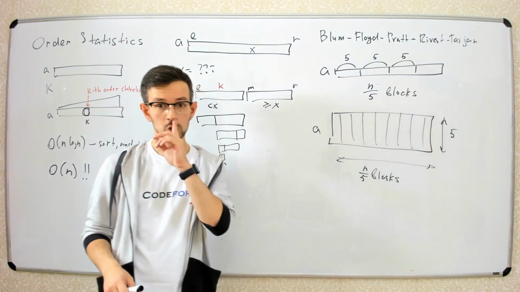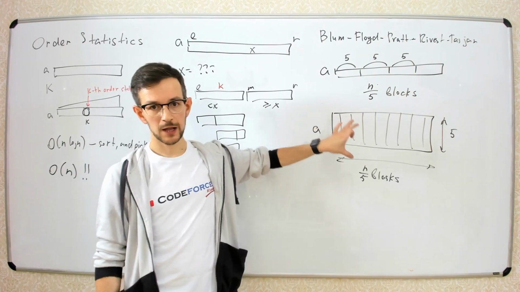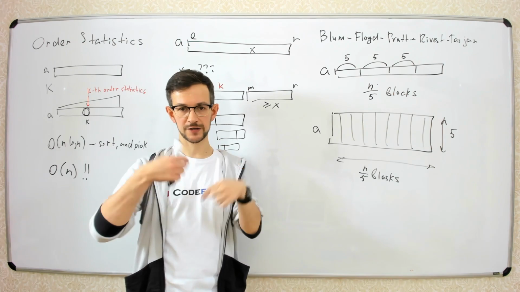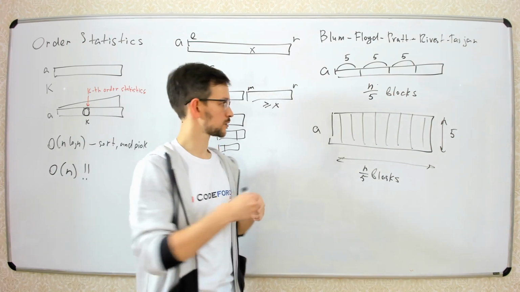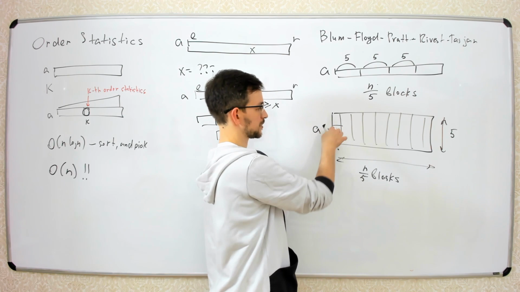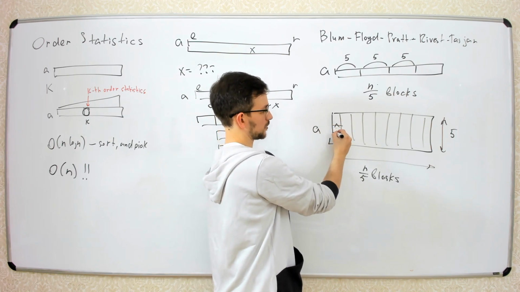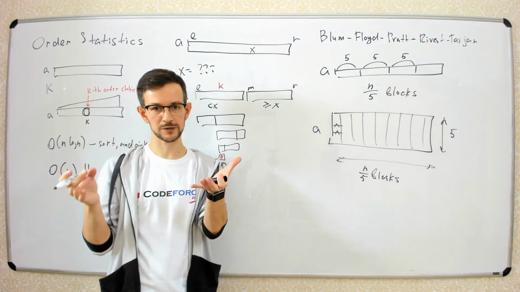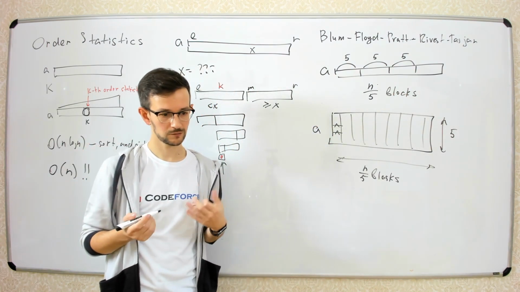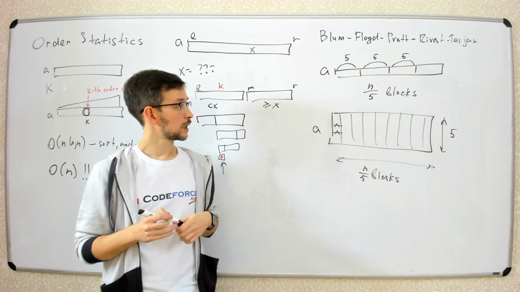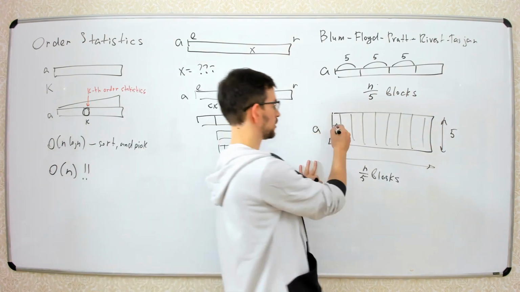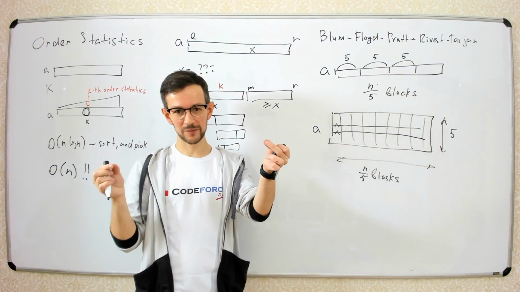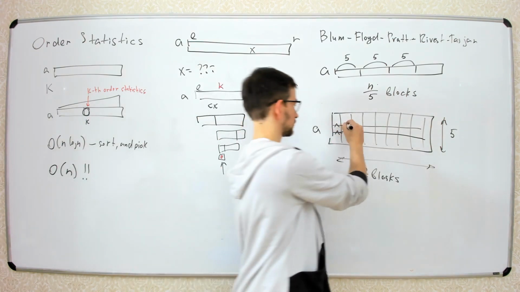Now, what can you do? You can find the median element in each block. So you take each block, sort the elements inside this block, and take the median element. This element is, let's say, greater than this element and smaller than this element. So this is the median element from these 5 elements. And you do it in each group. In each block, you sort these 5 elements and take the middle one.